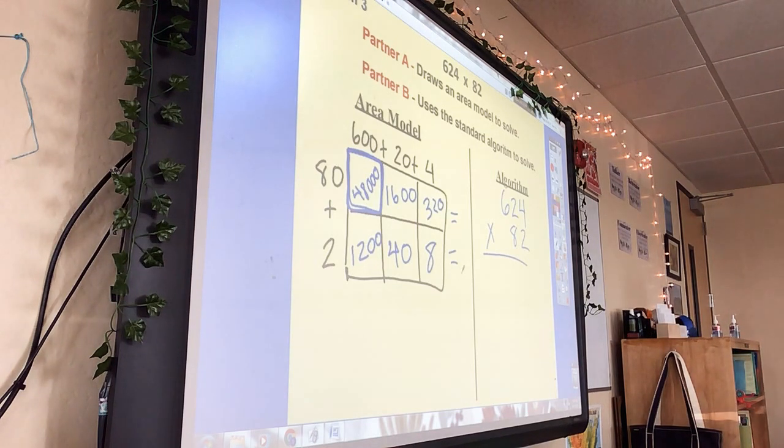Okay, let's go ahead and do that. So add up both rows, all of row 1, all of row 2, and then add those answers together to get your final answer.